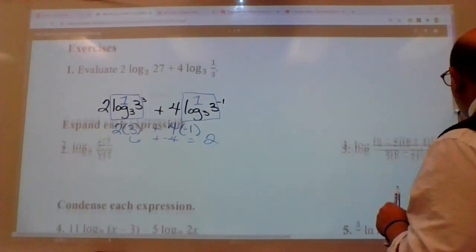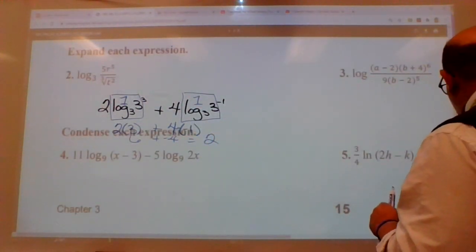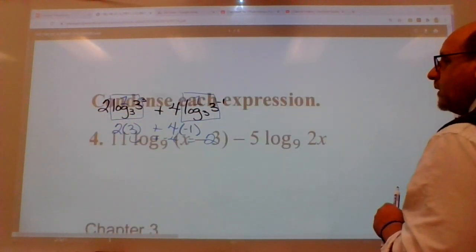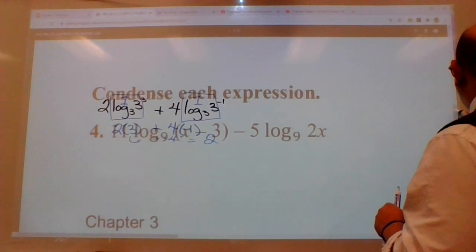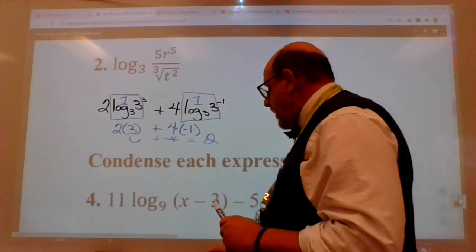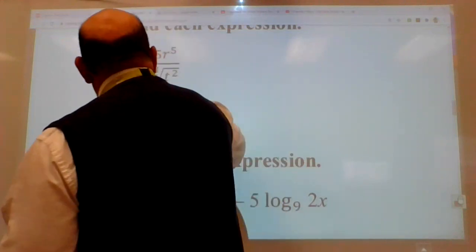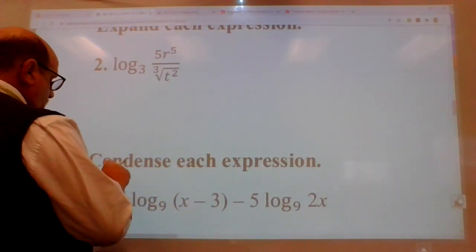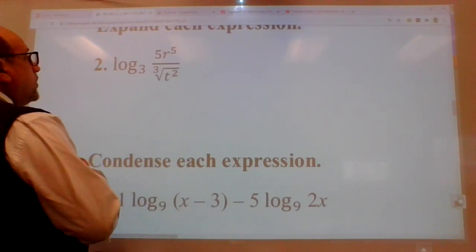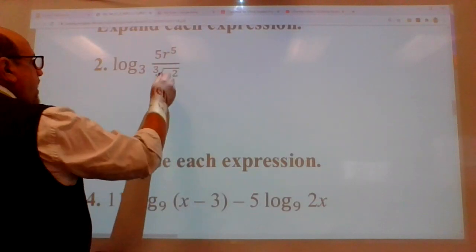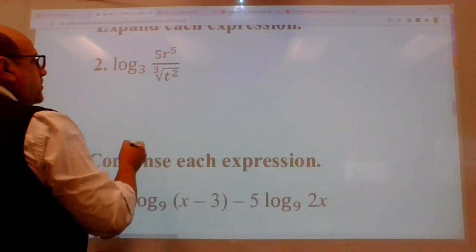I'm going to lift this up. Maybe I'll blow it up a little bit so I have more room to work. All right, let me erase. Let me jump right in here. First things first, we're going to expand this using the quotient property. The quotient property says if I have division, I can rewrite it as subtraction.